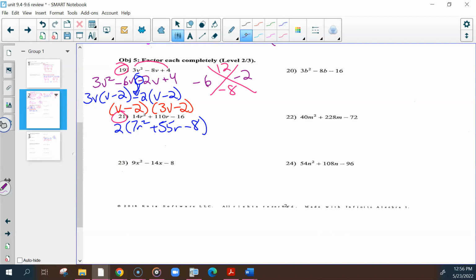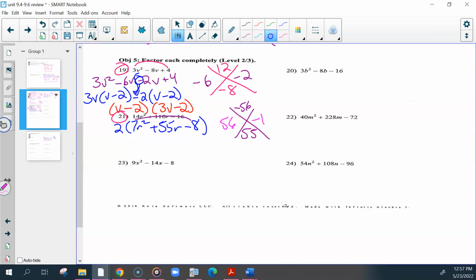So we're going to multiply 7 and negative 8. And we're looking for two numbers that multiply to be negative 56, but add to be 55. It has to multiply to be 56. You're close. 56 and negative 1.